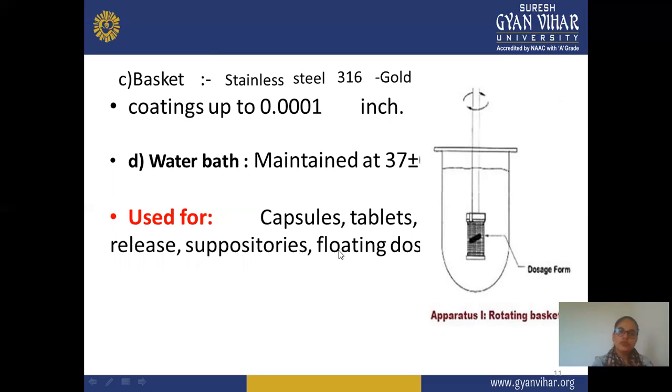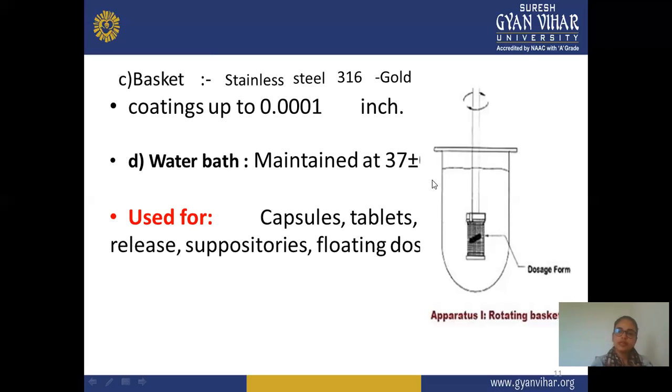It is used for capsules, tablets, suppositories, and floating dosage forms. These are examples of formulations for this basket type. You can also use sustained release or controlled release formulations. These are the examples used for this first rotating basket type apparatus, or USP 1 apparatus.